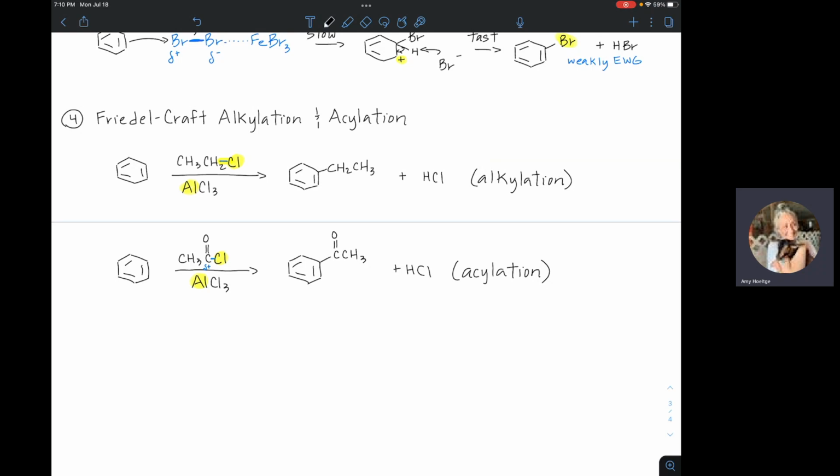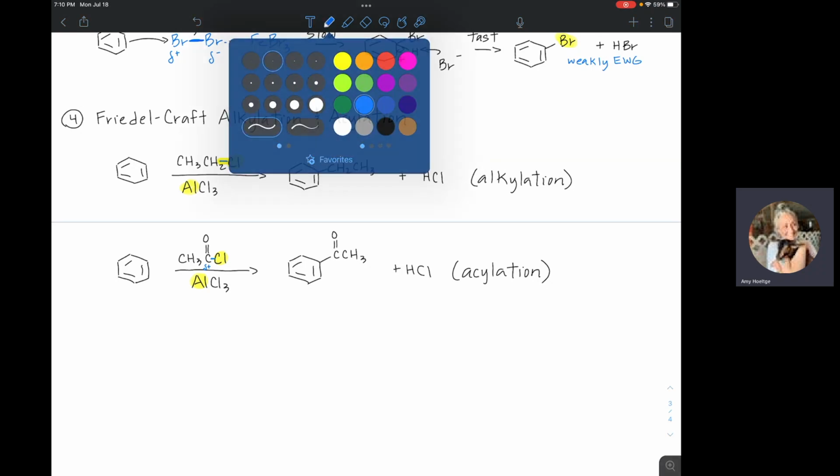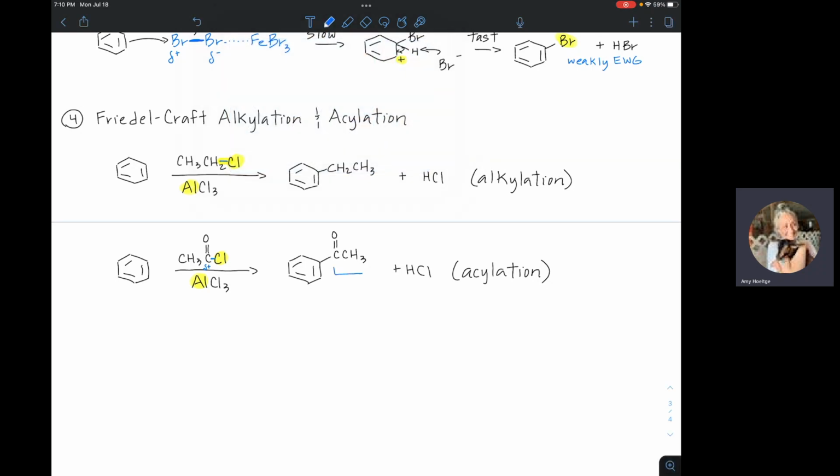So this right here is our acyl group. See how we have the carbonyl, whereas with the alkyl group, we just have the methylene and then the ethyl group. So if you have that carbonyl in there, we have what's called an acyl group.